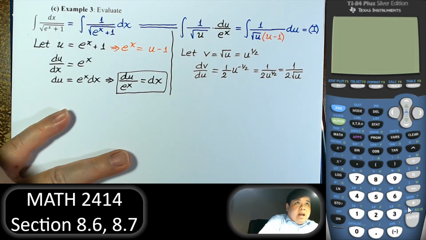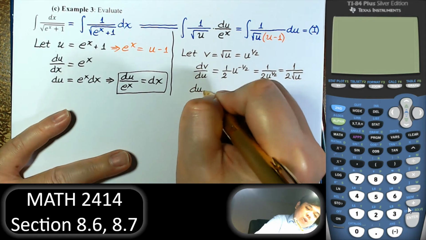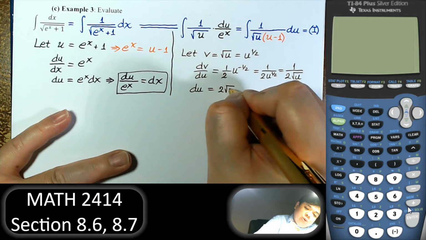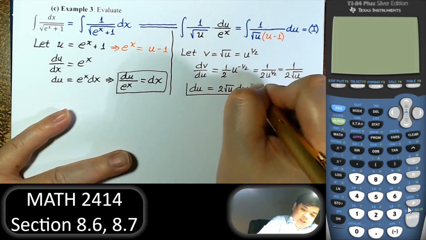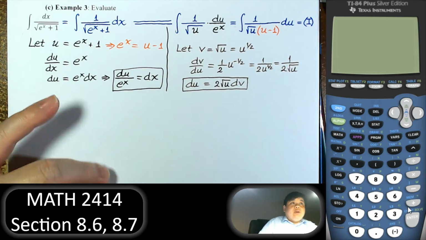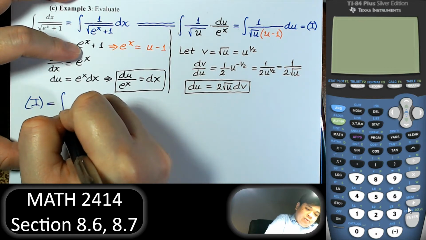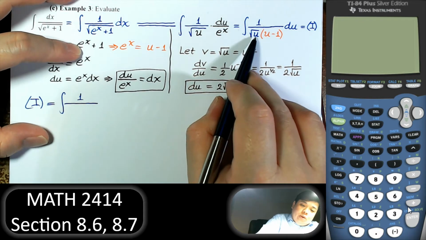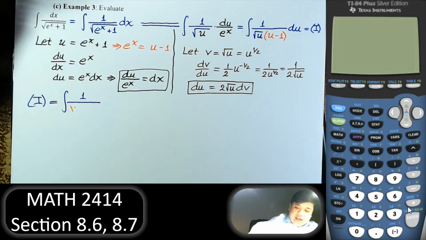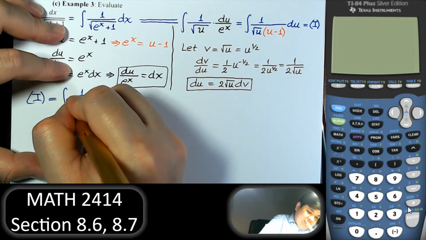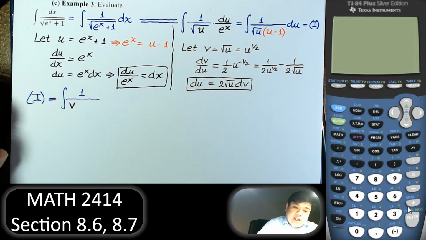Right? And then cross multiply: du times 1, du is equal to 2 square root of u dv. And substitute into our problem. Square root of u, well, that is v. u minus 1, well, what is u?